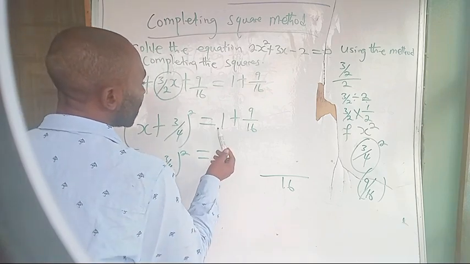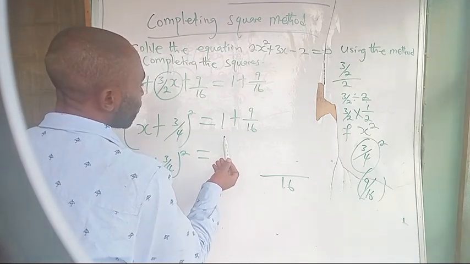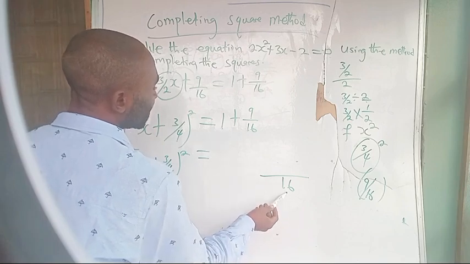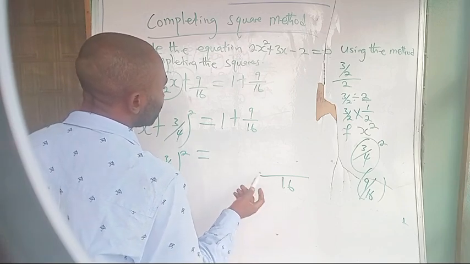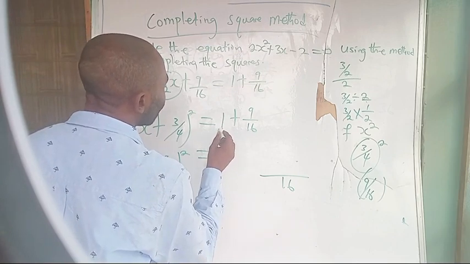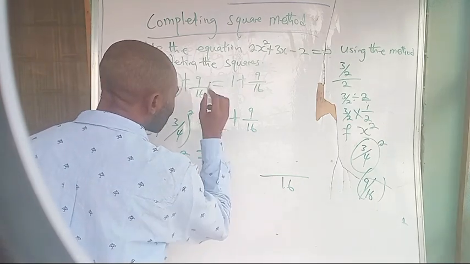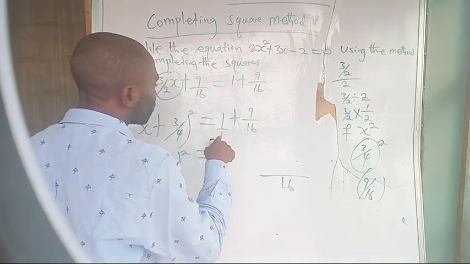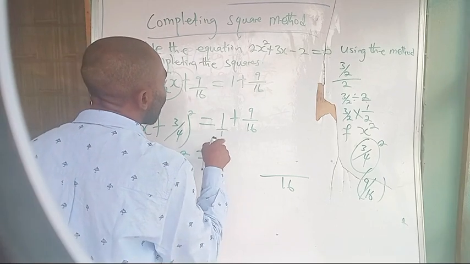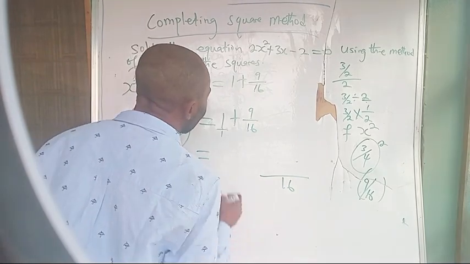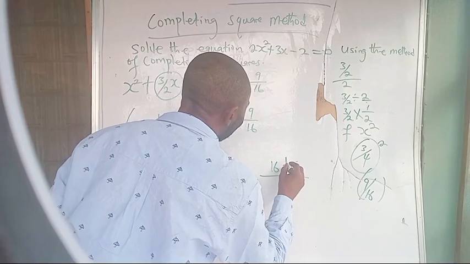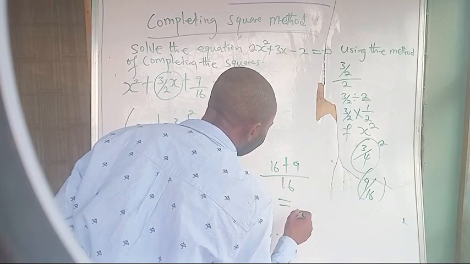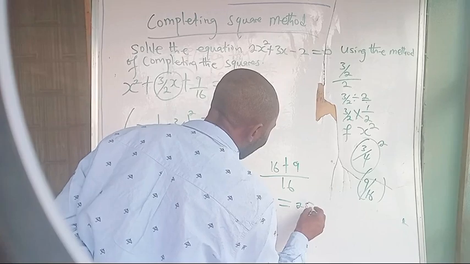To find it, we use 16 as our major LCM, and as I explained before, any number without a denominator has a denominator of 1, so 1 is 1 all over 1. So you multiply this 1 up and down by 16, and that will give us 16 plus 9, which is 25 all over 16.